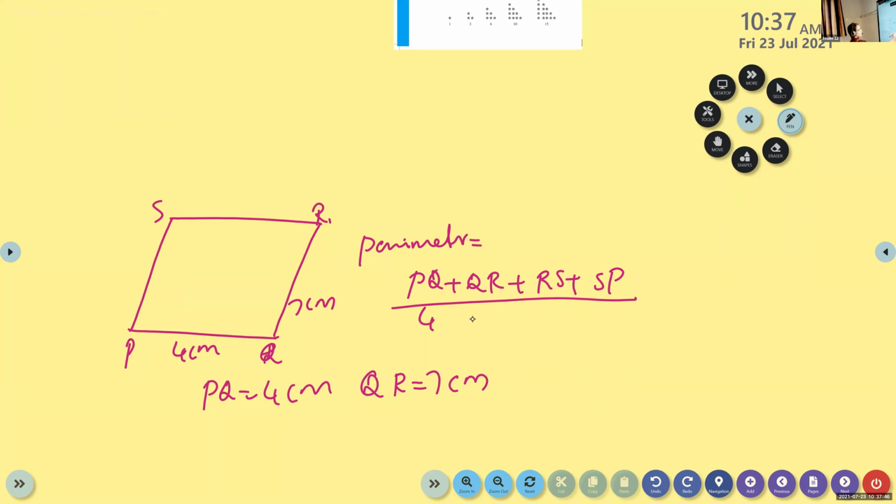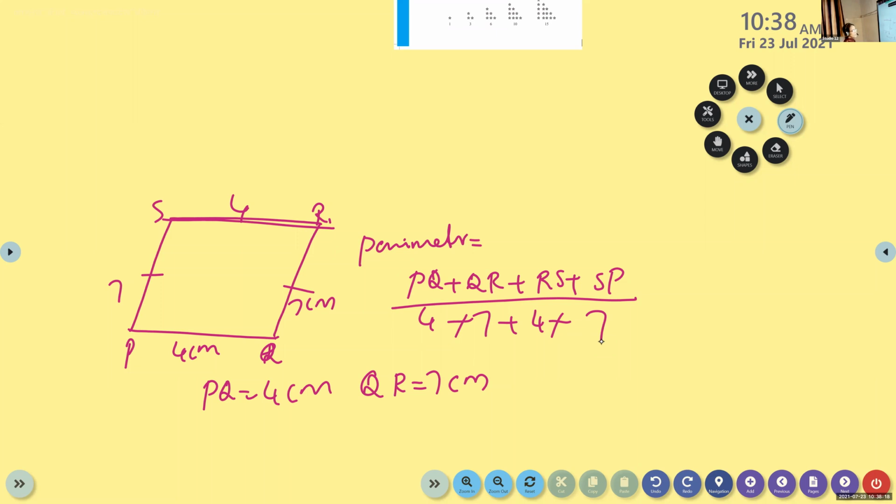PQ is 4 plus QR 7. What about RS? For a parallelogram, RS is 4 because opposite sides are equal. So 4 plus SP, 7, here also opposite sides are equal. So 4 plus 4 plus 7 plus 7, 14 plus 8. So this way we can find the perimeter.